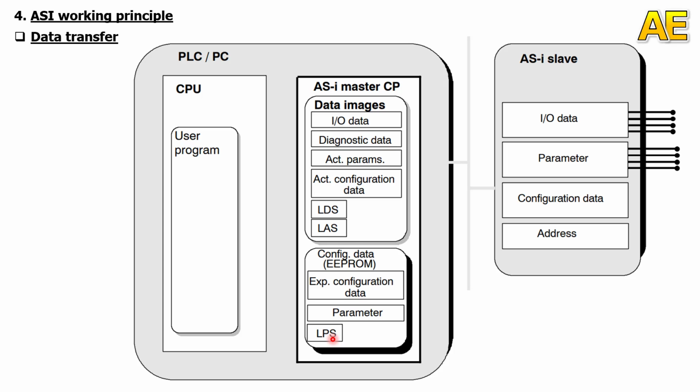The ASI master checks continuously whether the ASI slaves specified in the LBS exist and whether their configuration data match the expected configuration data. And this is the data on the ASI master here.